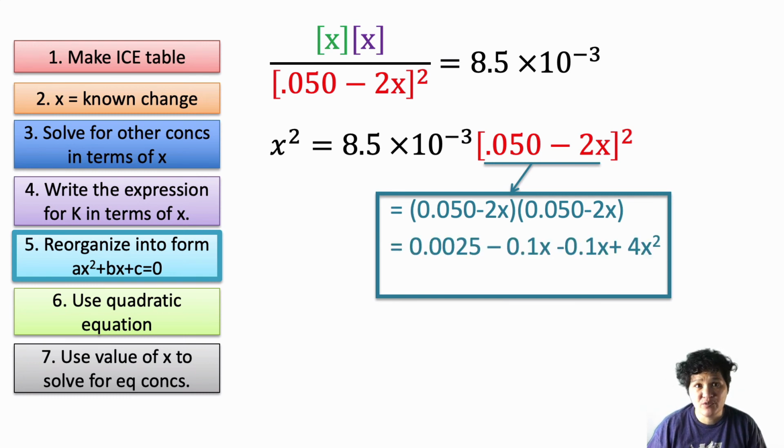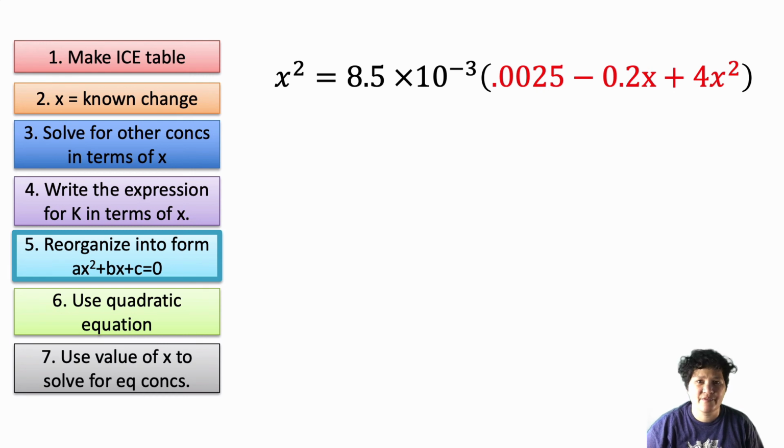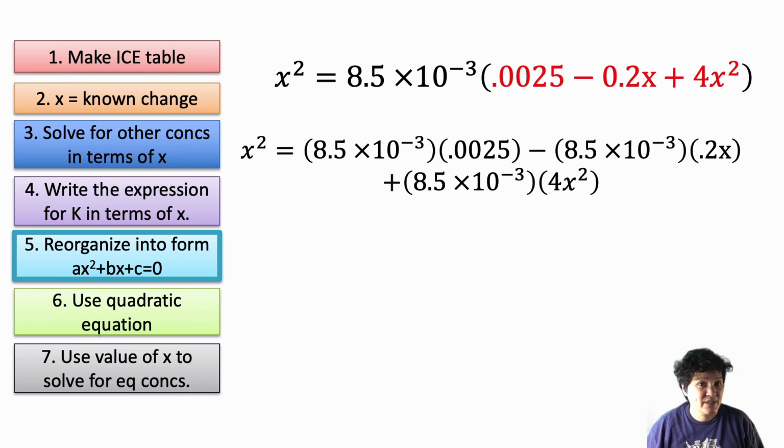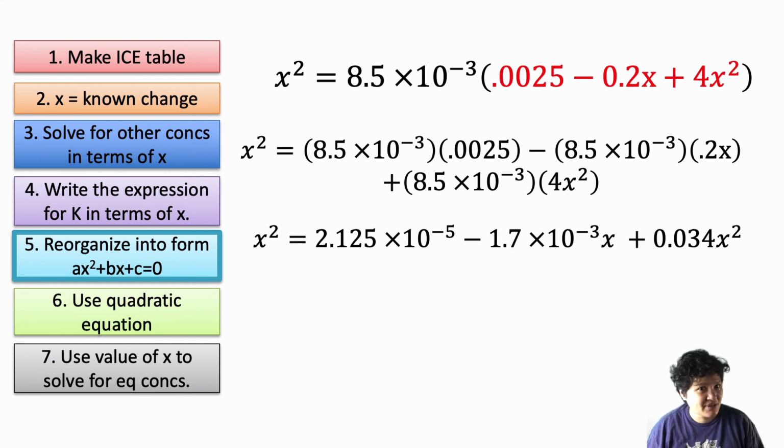We can combine the 2 middle terms to make it simpler, and plug that expression into the brackets. Now let's simplify some more. Multiply the expression in parentheses by 8.5 times 10 to the minus third to get this messy expression, which we can simplify down to this. Please check my math with your calculator.